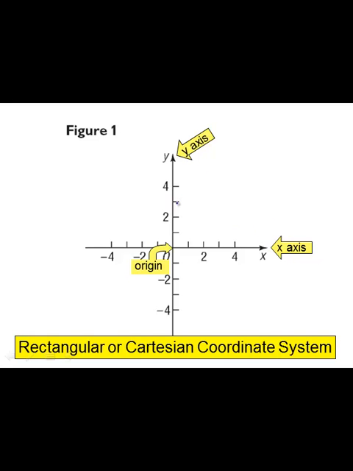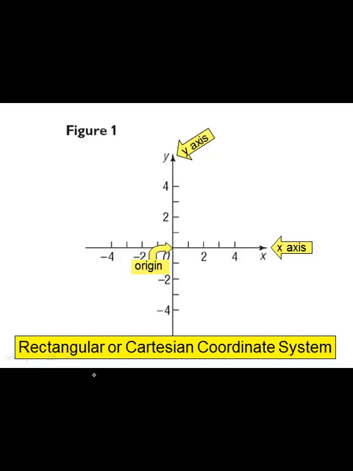Going north, you'd be in the positive y-axis. Going south means that you're going in the negative y direction. You can locate any point on the plane by going so many units left or right for one coordinate and so many units up or down to get the second coordinate.